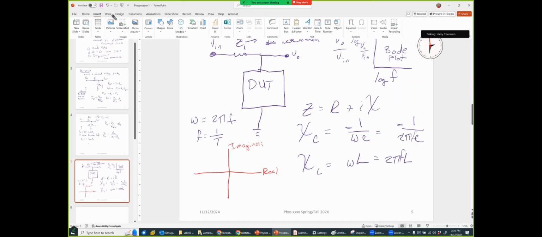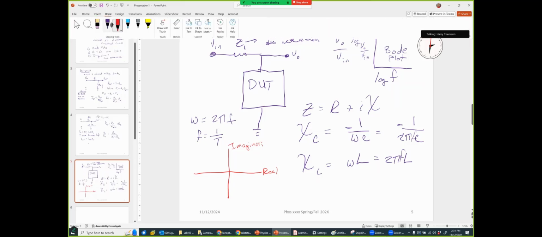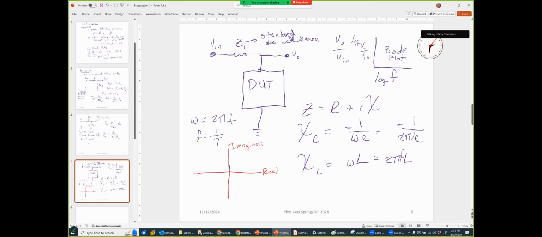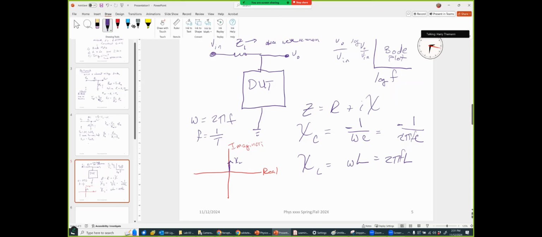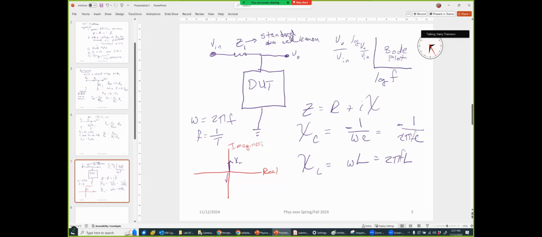So notice the plus and minus, that the reactance of an inductor points up, and the reactance of a capacitor points down.